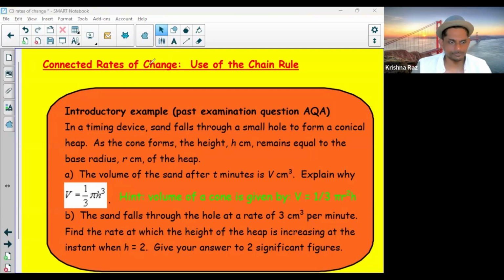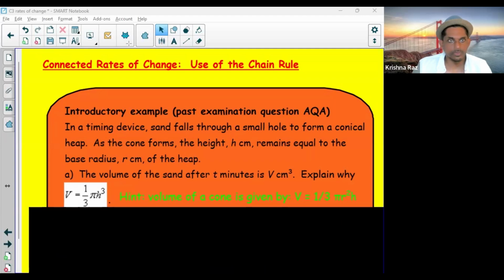So we know that the volume of a cone is equal to a third pi r squared h.